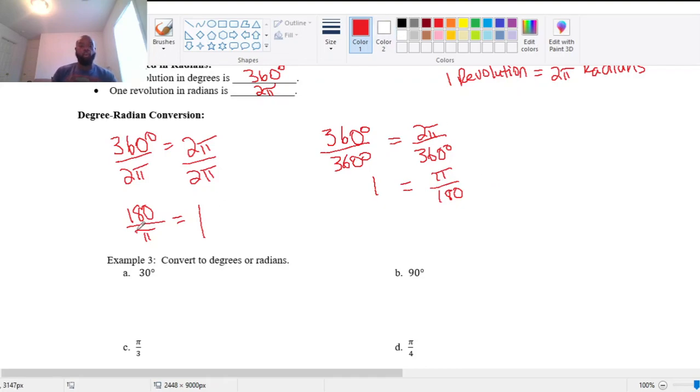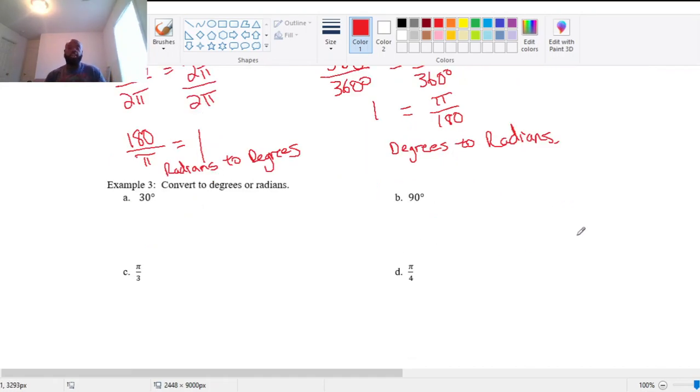So we use this formula to convert radians to degrees, and this formula here from degrees to radians.